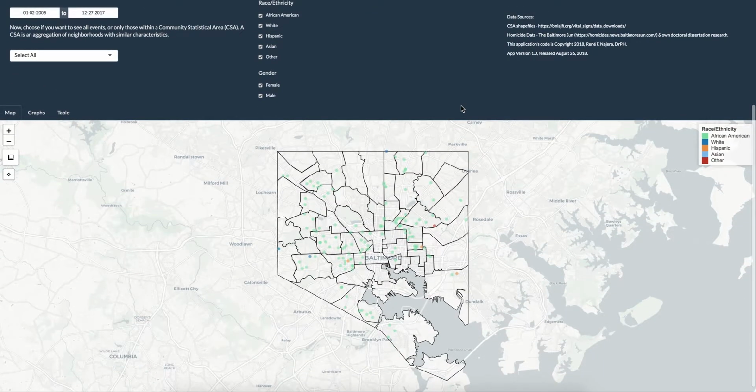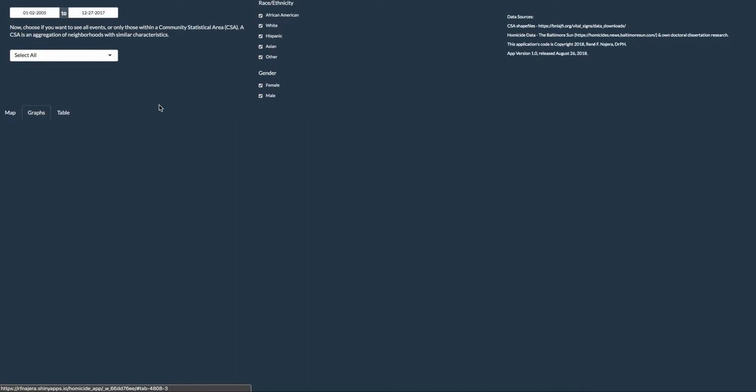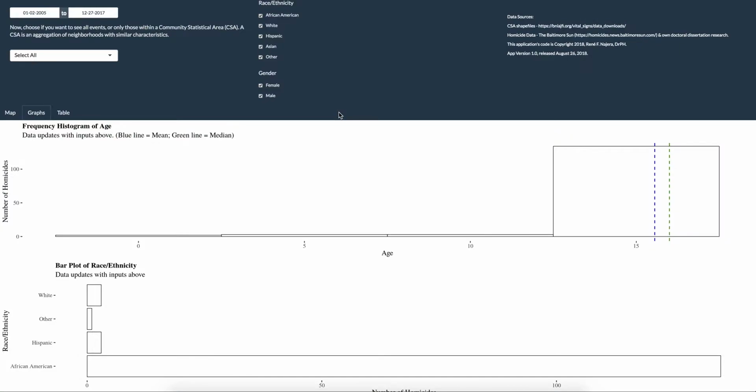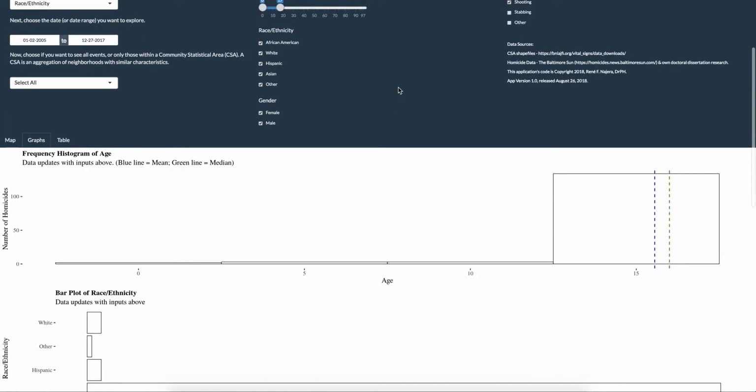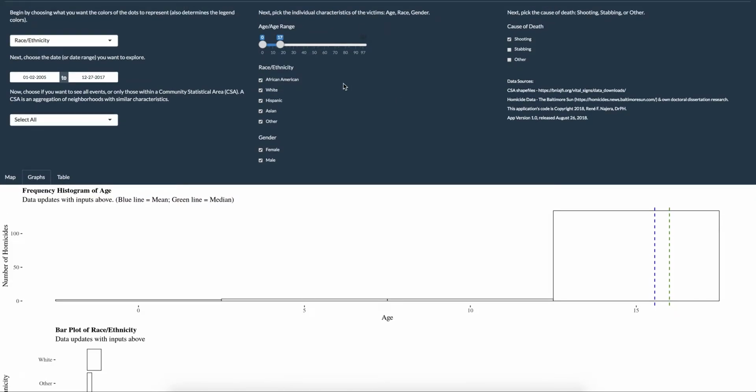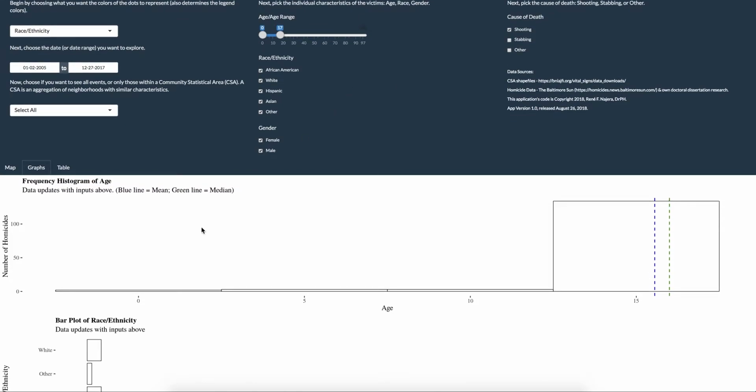The other thing that I've added is a graph section, so you can look at the frequency distribution. So when we're talking about children, there were very few, and then it really picks up at around age 15.